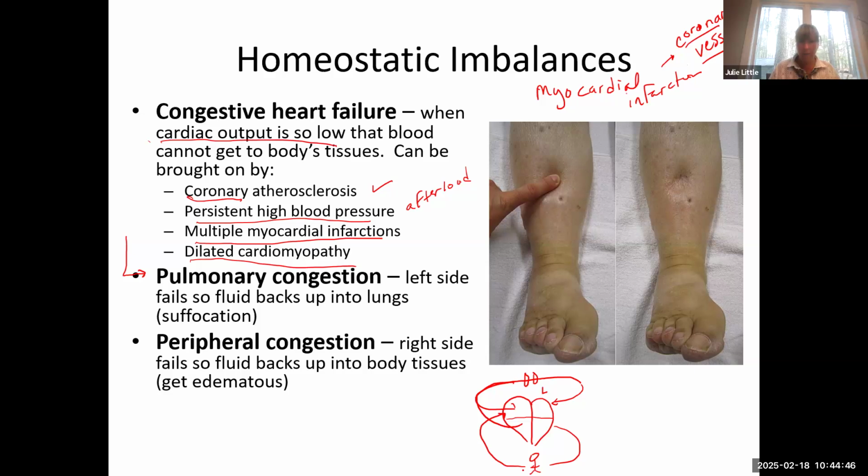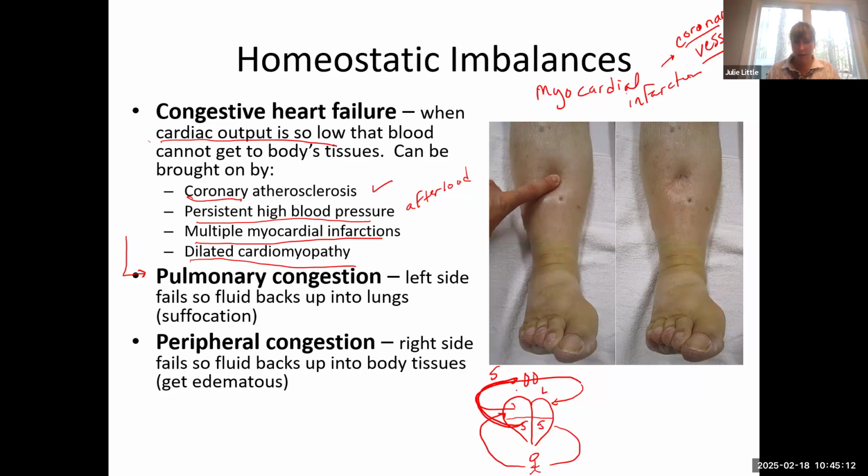blood to the body. And we're supposed to pump equal volumes on both sides. So if we're supposed to pump 5 liters per minute on this side, we should be doing 5 liters per minute on this side. What happens if we're sending 5 liters of blood to the lungs, but the left side, for a variety of reasons, maybe the aortic valve was incompetent, maybe the mitral valve, issues with that.